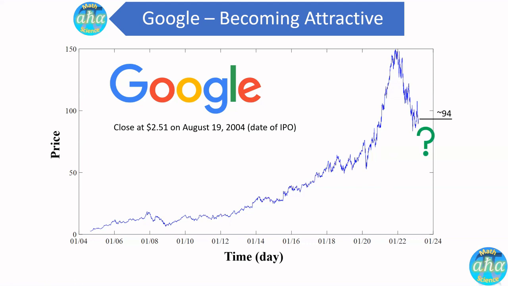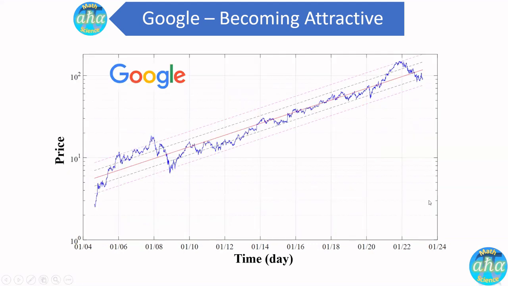In order to answer these questions, we're going to use the formula of compounding return to analyze its share price. According to that formula, when the price of any investment is plotted on a log scale, we should expect the price to more or less follow a straight line.